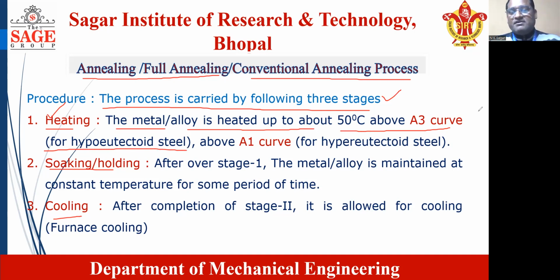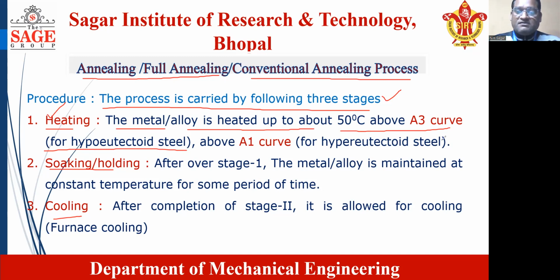In earlier sessions I discussed many times that under the first stage, heating, the metal or alloy or component is heated up to a certain temperature, and that this temperature differs, which we will discuss when we start each particular heat treatment process in detail.